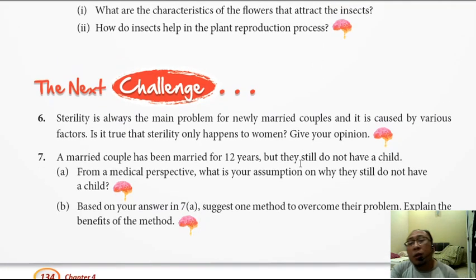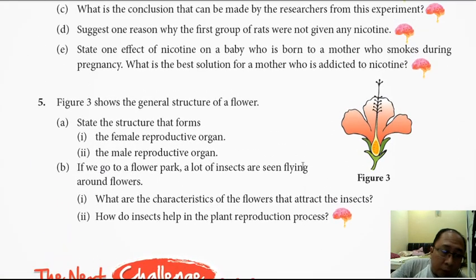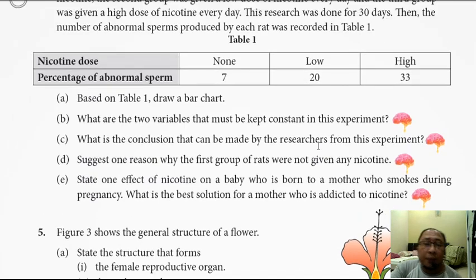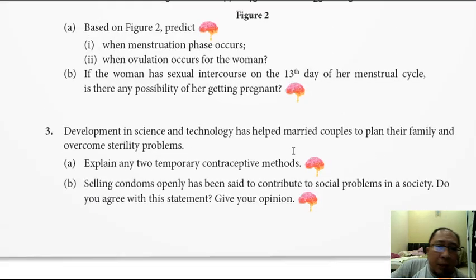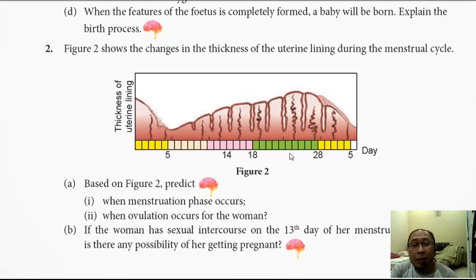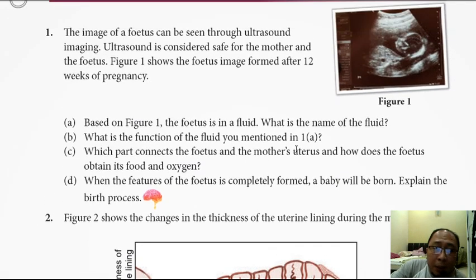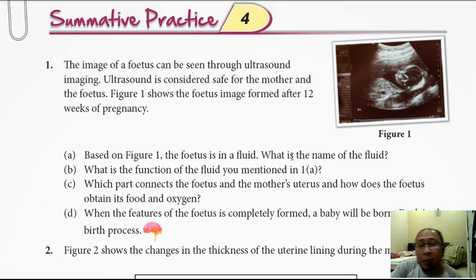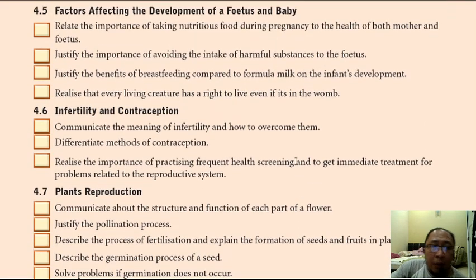Please do and answer these questions in your notes book. I hope that you can make a revision. Please read all the concepts, all the text given in your textbook in order to understand and remember what we have learned previously in all the subtopics in chapter 4.